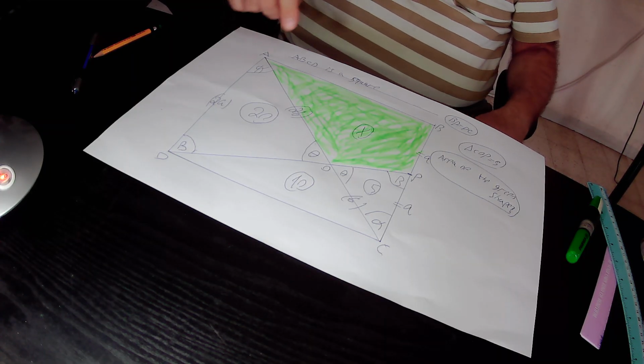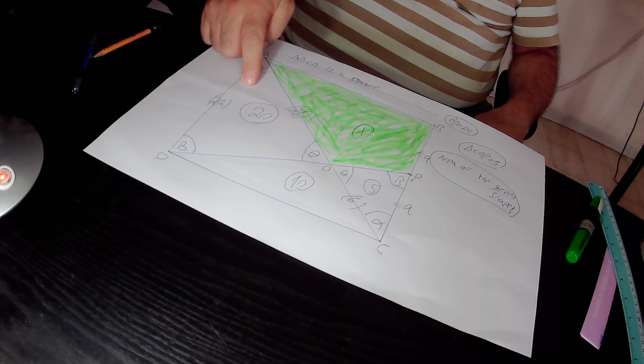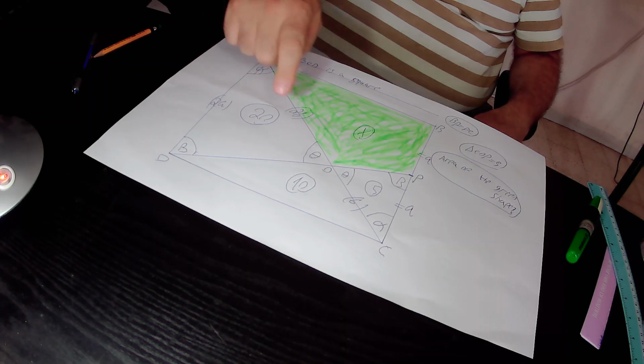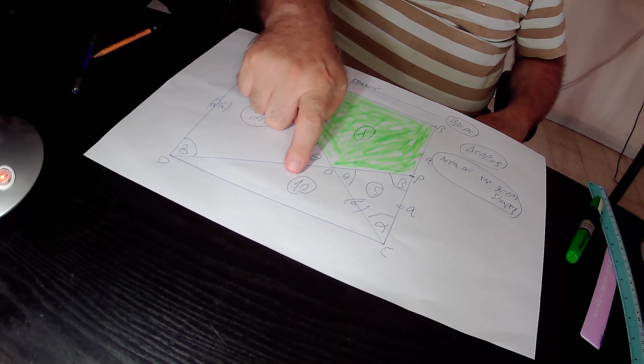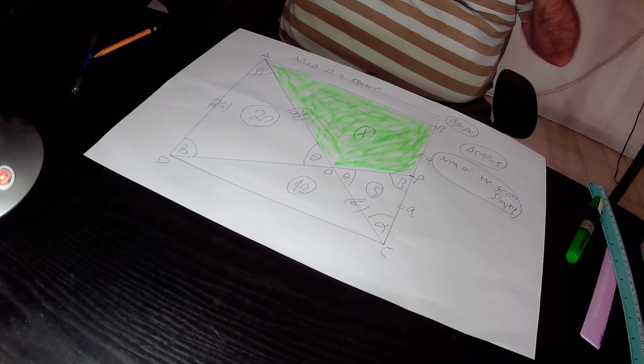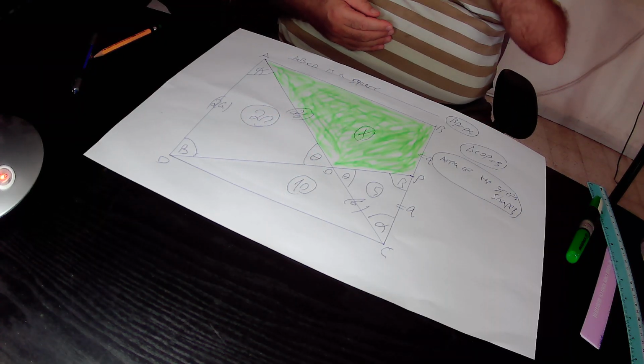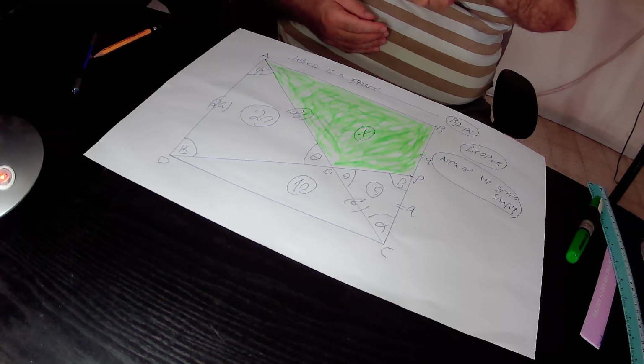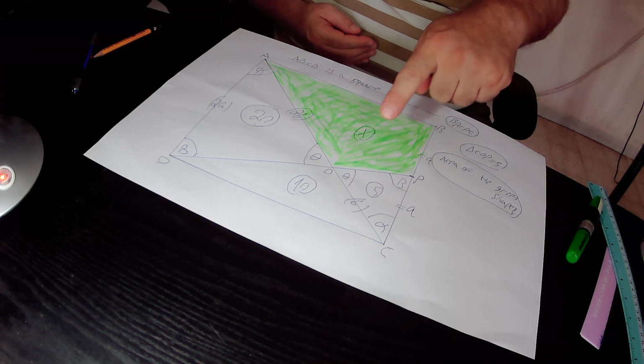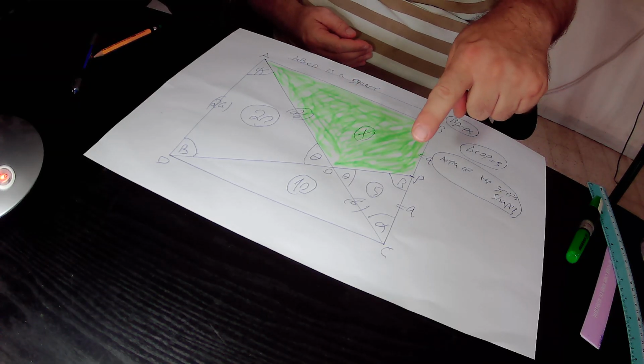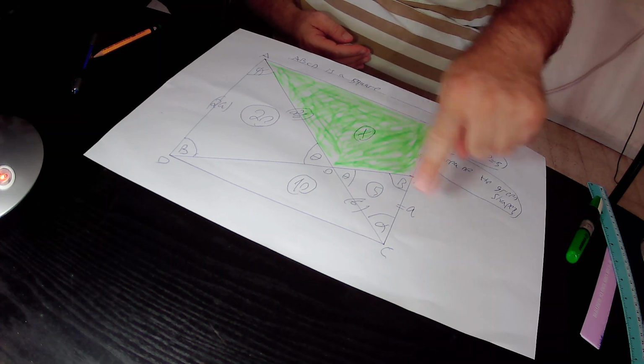We get that the ratio between the area of this small triangle AOD over the area of this small triangle ODC will be equal to the ratio between their bases. We choose the base of triangle AOD as AO, and we choose the base of triangle OCD as OC.